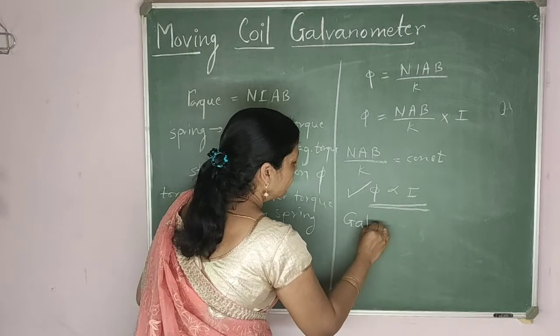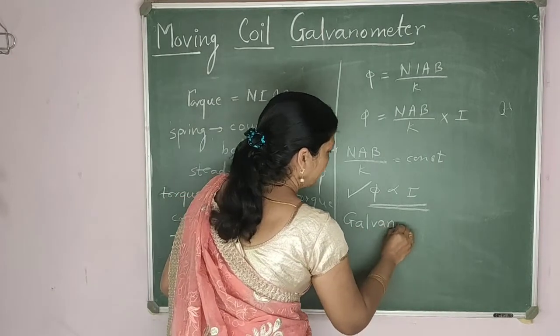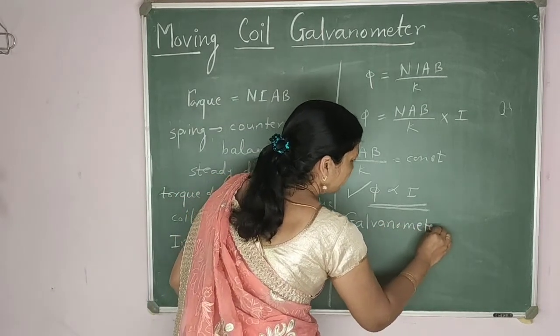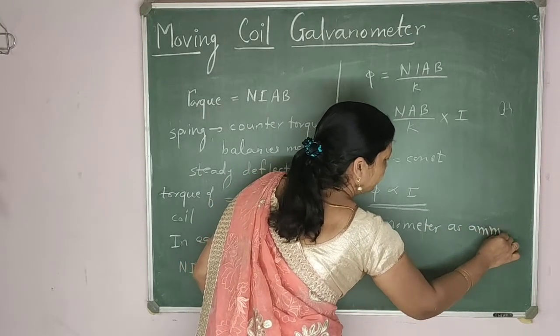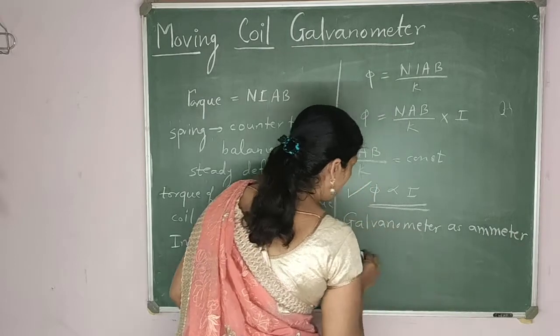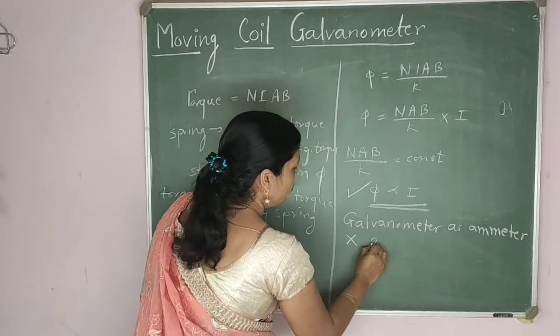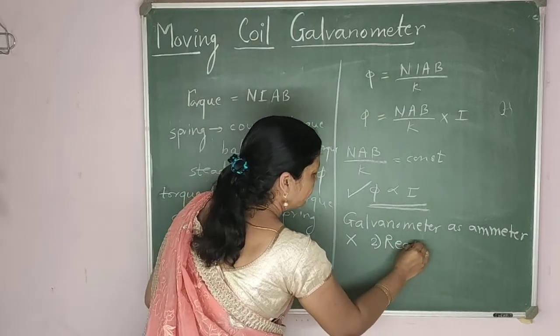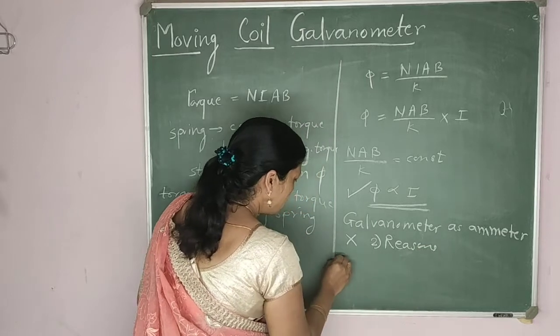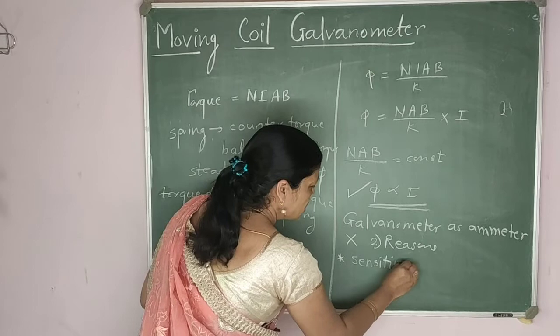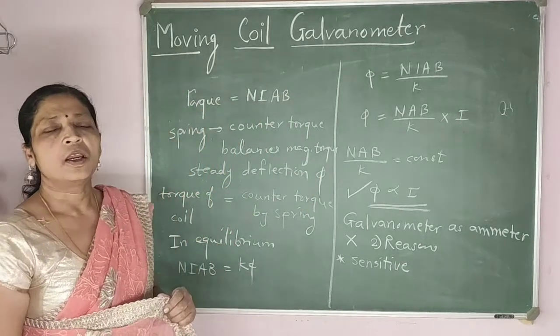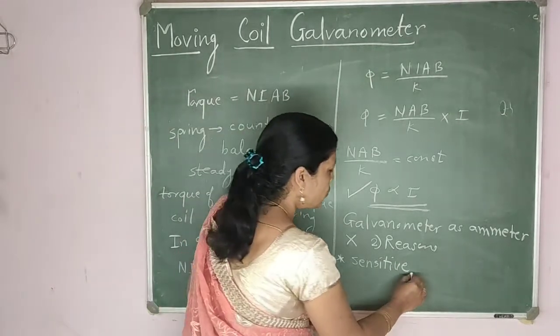Galvanometer as an ammeter: we cannot use it as such. The two reasons are these. The first reason is that the galvanometer is a very sensitive device.